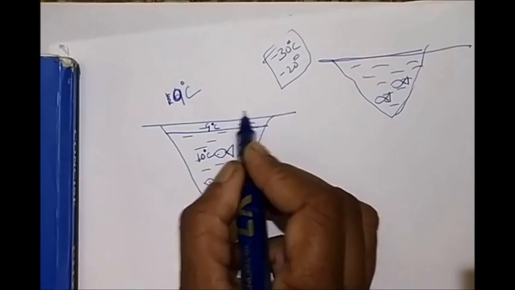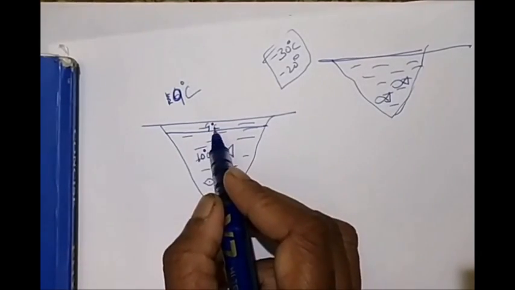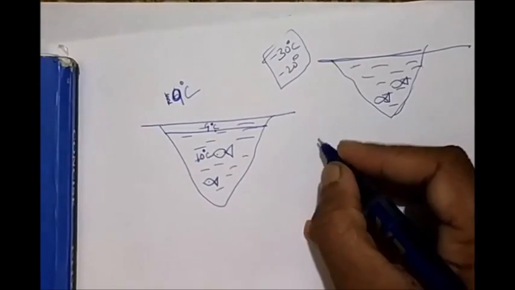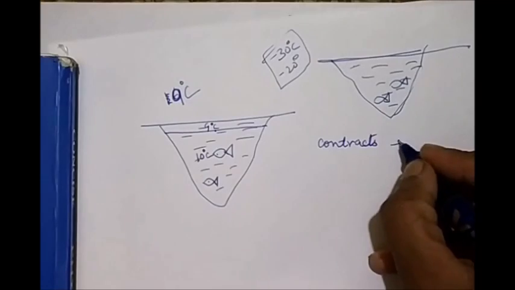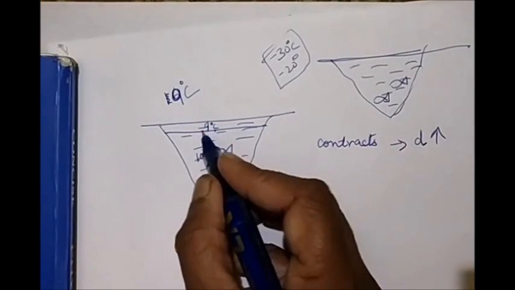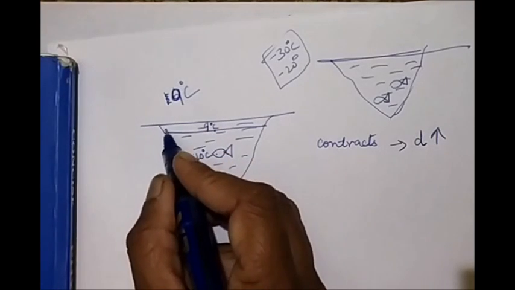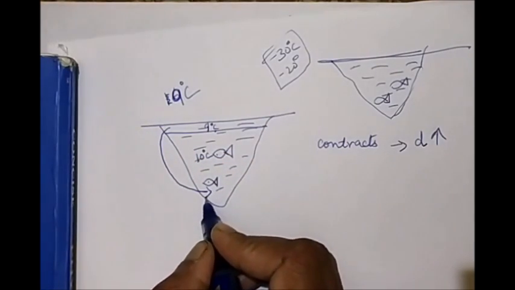That means it would have contracted from the previous volume. Now when it contracts, its density increases. Contracts means density increases. So when its density increases, it cannot stay at the top. Naturally it will sink down, it will come down.